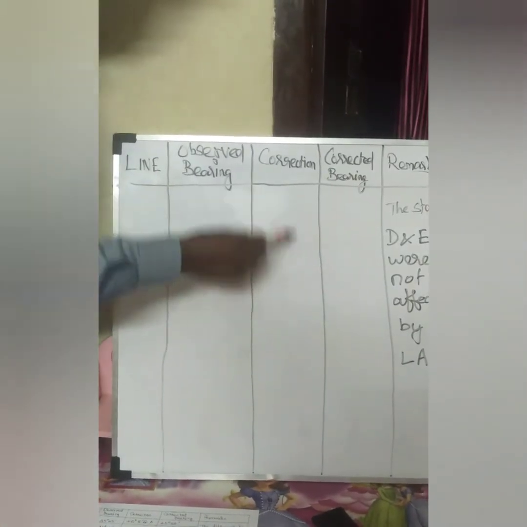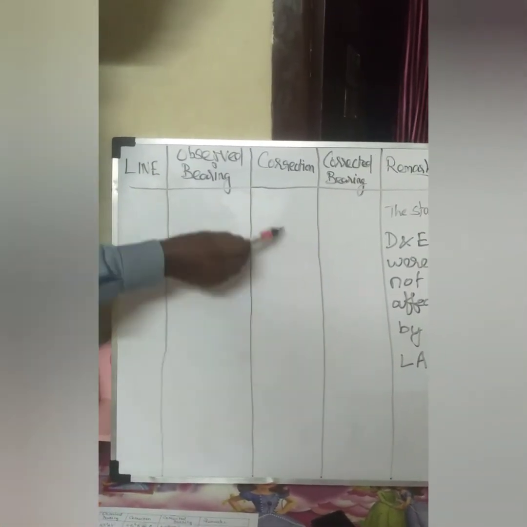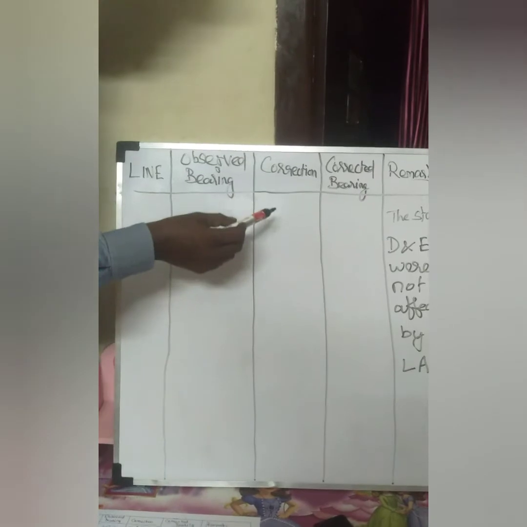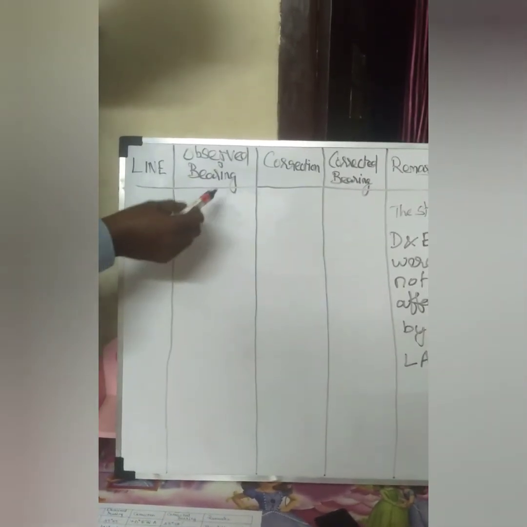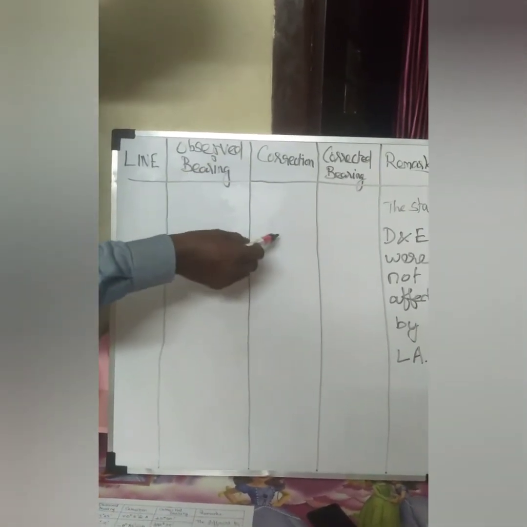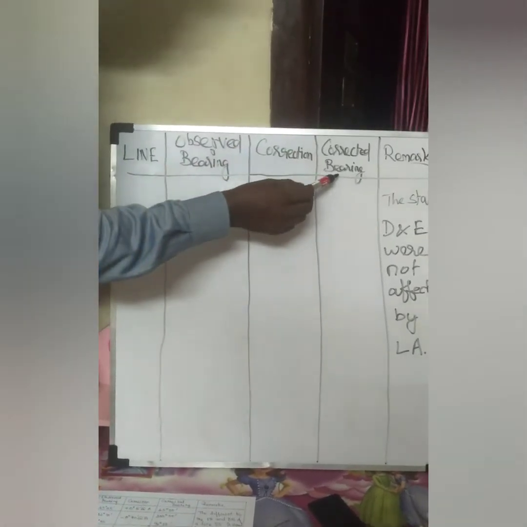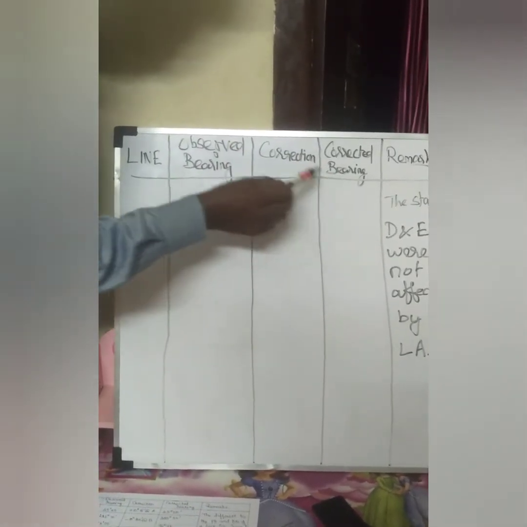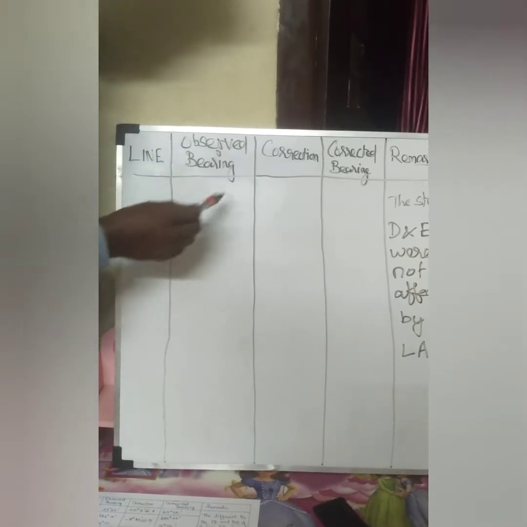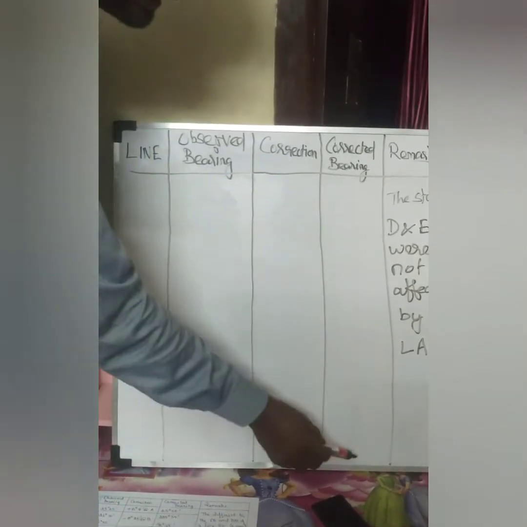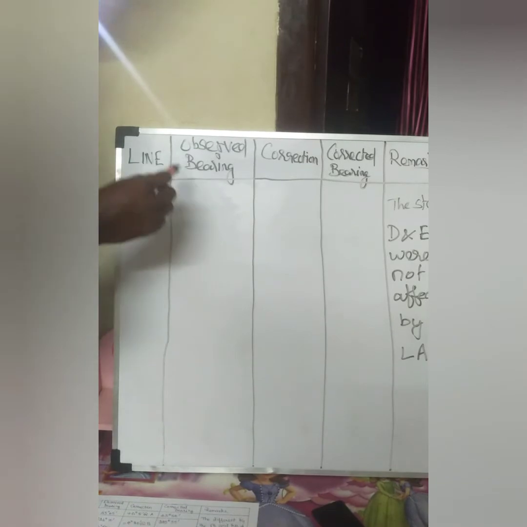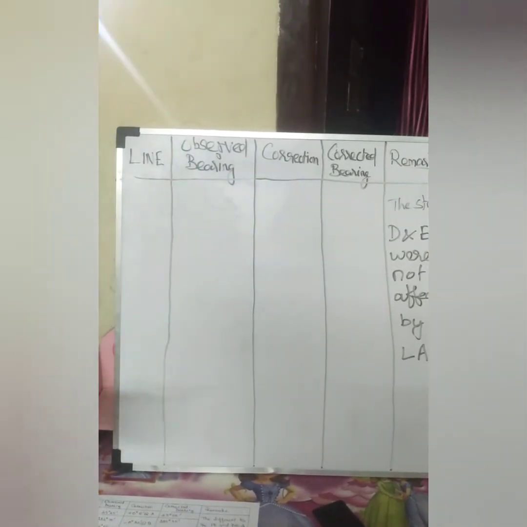The next column is correction, which is how much the observed bearing is affected by the local attraction. Next, to eliminate the correction from the observed bearing, what is the corrected bearing? This is the simple table.